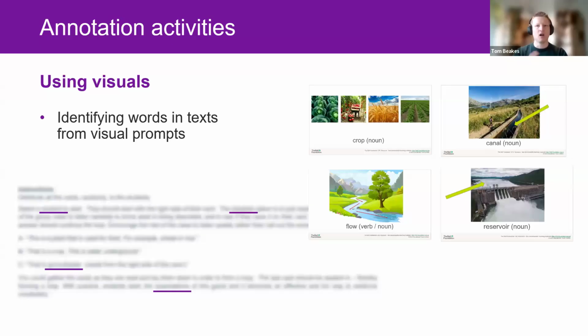So, I mean, things like color words, shapes spring to mind, perhaps even emotions, where they can draw little emojis, and then they can annotate the text with a picture, again, to sort of get them used to identifying language within a text and also reinforcing that meaning for them, especially if they're at the level where they're not yet comfortable or secure writing, whether in their own language or in English.